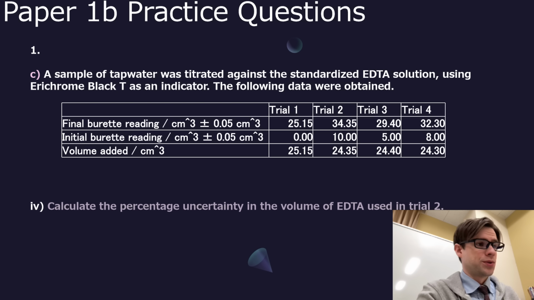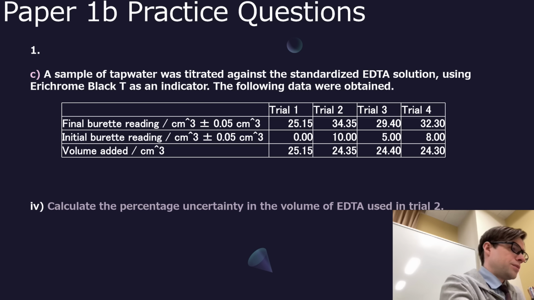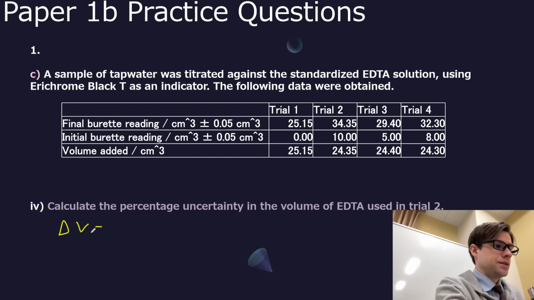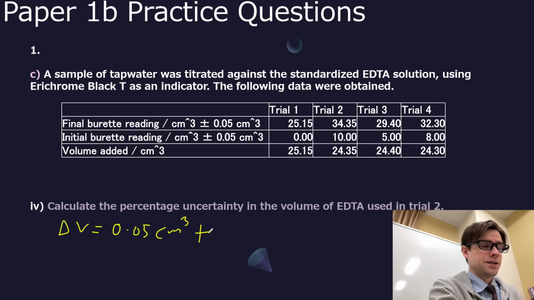Since we're doing a subtraction, final minus initial, then we know the absolute uncertainty, delta V, is equal to the final burette reading uncertainty, 0.05 centimeter cubed, plus, even though it's a subtraction, the rule for propagating uncertainties through subtraction is to add them together.